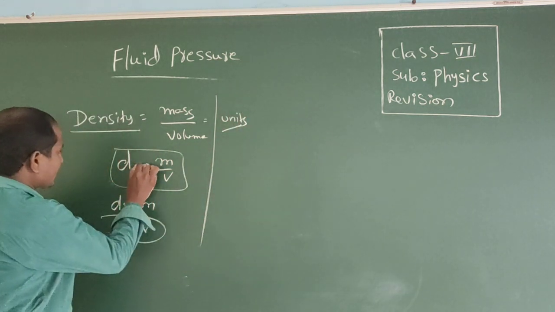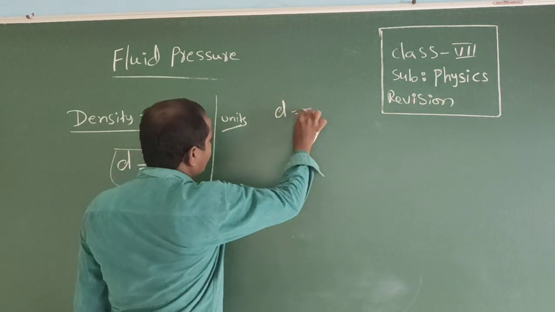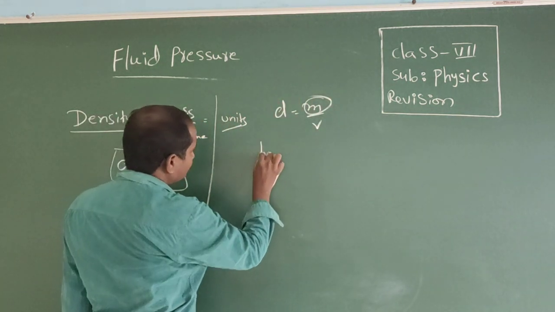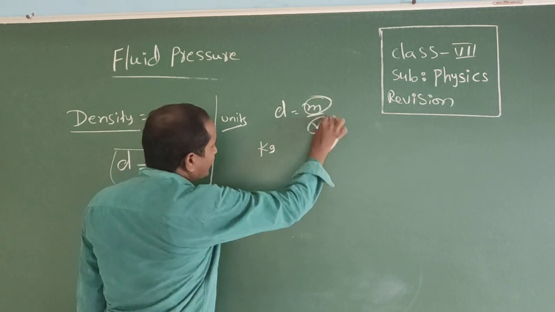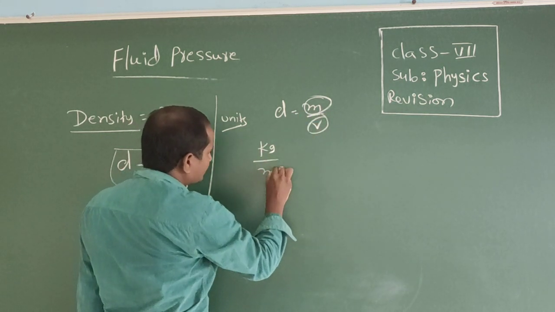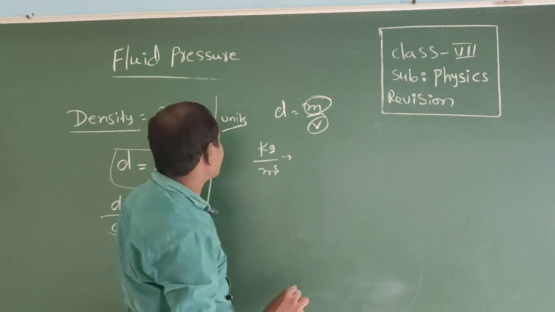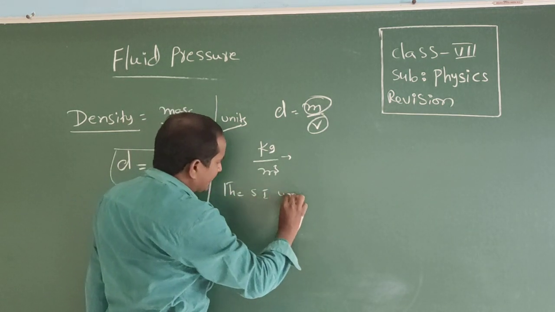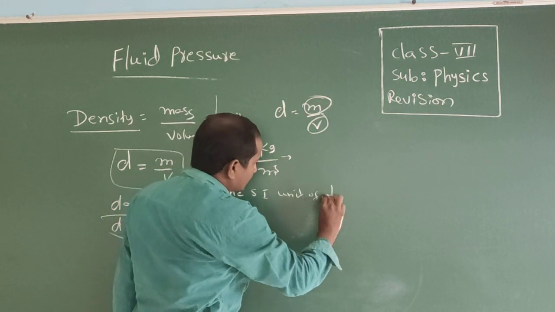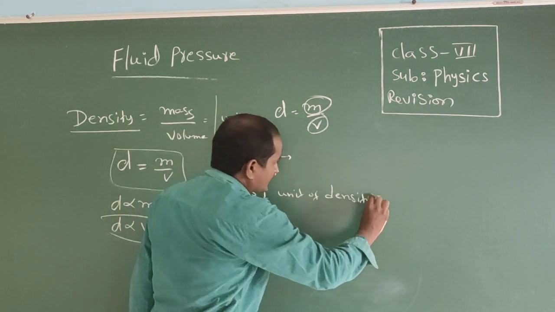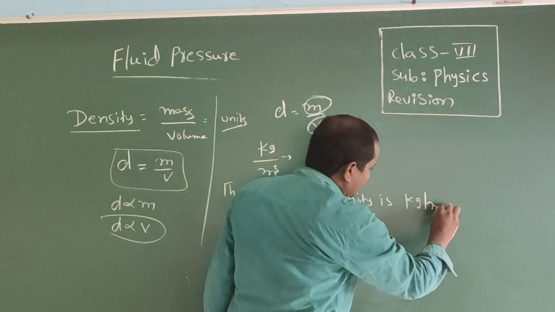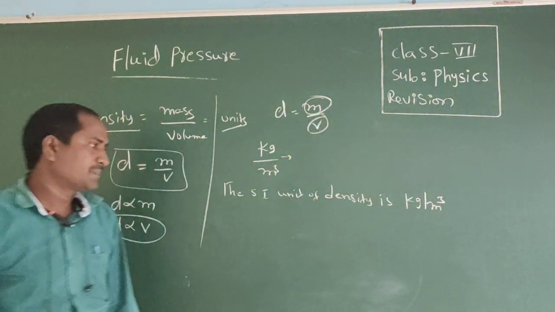Next, units. D equals m by v. Mass is measured in kilogram and volume is measured in meter cube. That means the SI unit of density is kg per meter cube.